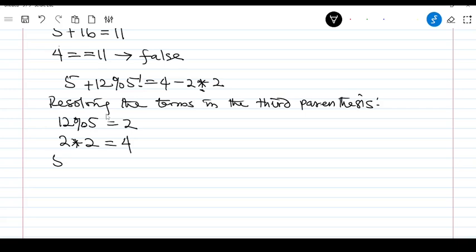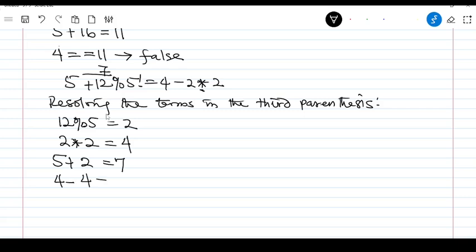So we're going to have it as 5 plus what is 12 modulo 5, which is 2. So that will be giving us 7, right? So this part is just going to be 7. And then we're also going to come here too, because this is a relational operator we're going to leave to do this last. So what is now 4 minus 4 minus 4?